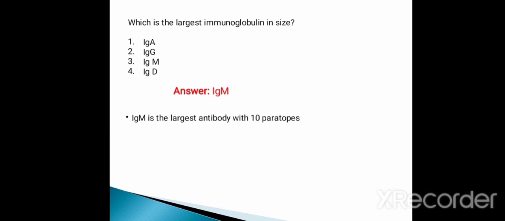IgM is the largest antibody with 10 paratopes. If the question asks which antibody has the highest valency, the answer will be M, because it is a pentameric structure. Even if the question asks which immunoglobulin has the highest number of paratopes, the same answer: it will be immunoglobulin M.